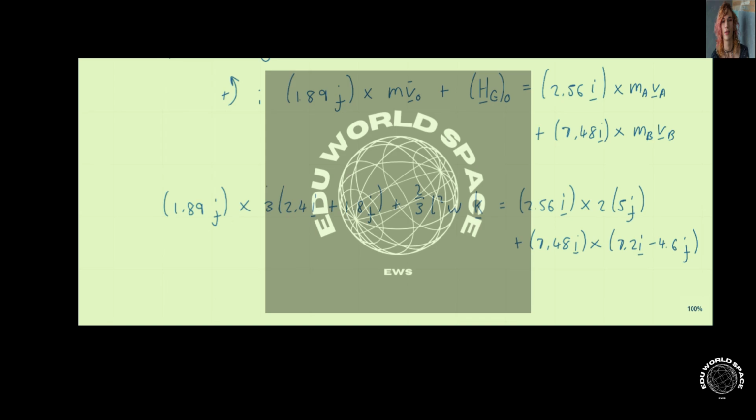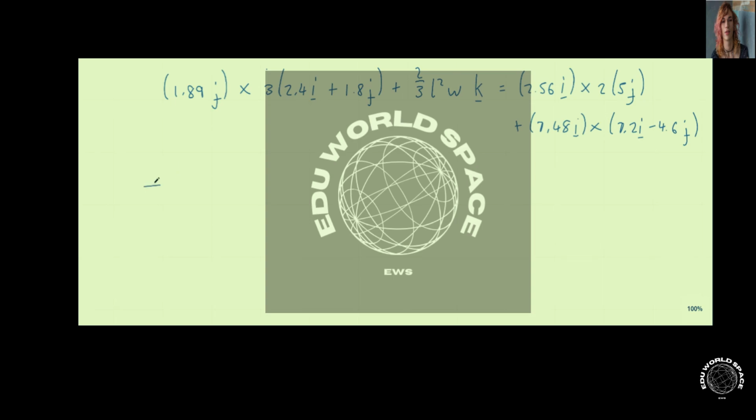So simplifying this equation, we get minus 13.608 k plus 2/3 L squared omega k is equal to 25.6 k minus 34.408 k.